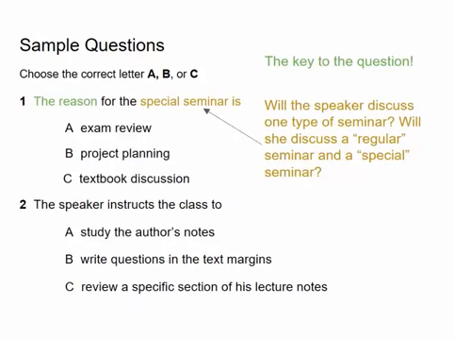And so we have to keep all of that straight and think about which seminar relates to this particular information, which is only focused on the special seminar. Okay, so something to consider there. I would certainly underline the reason in this question and probably put a question mark next to special seminar just in case the speaker starts talking about different kinds of seminars.